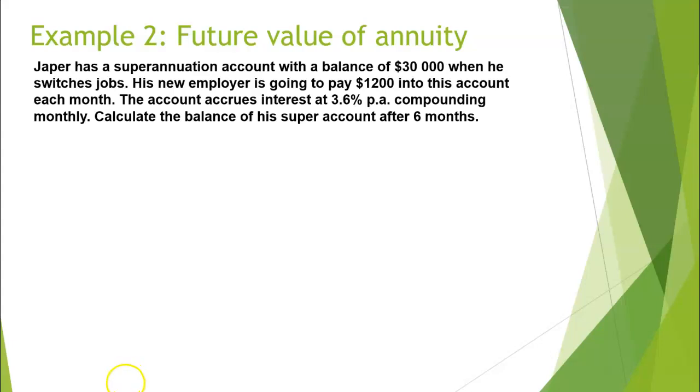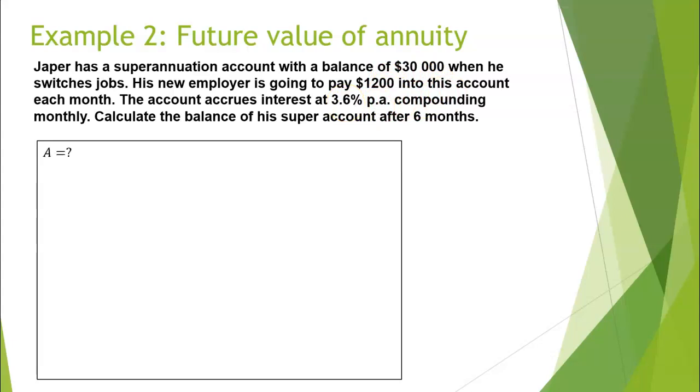Okay, so what information do we know? So it had a starting balance of $30,000. So this part of his money is going to earn compound interest using the compound interest formula. The $1,200 is going to be his M. It's being put in monthly, and the interest rate is 3.6% per annum compounding monthly. So we have to work out it as a decimal per compounding period.